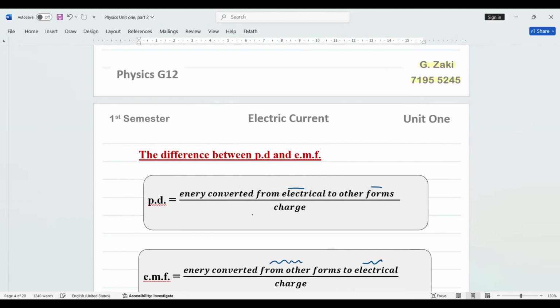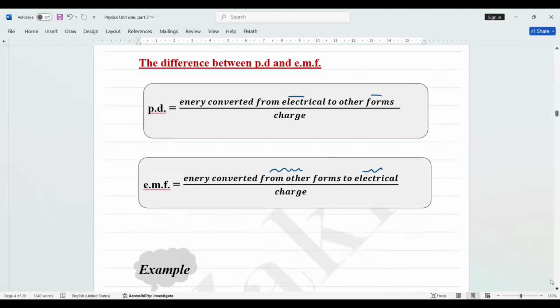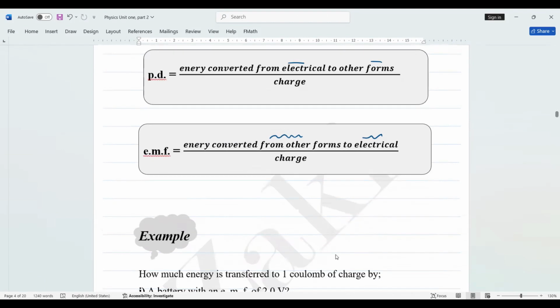This is inside the cell or battery, per unit charge. So the potential difference is energy converted from electrical to any other forms per coulomb, but EMF is the energy transferred from any other forms to electrical per unit charge, or per coulomb. Okay? Do you understand the difference now between potential difference and EMF?